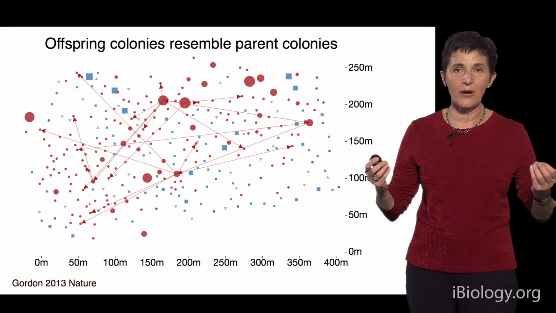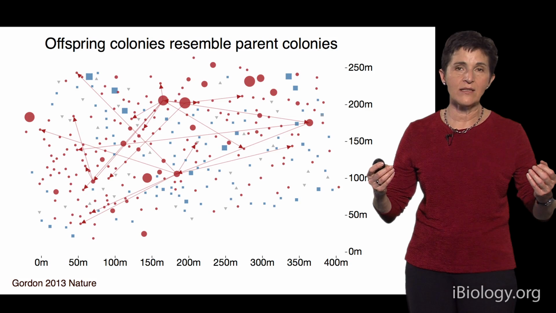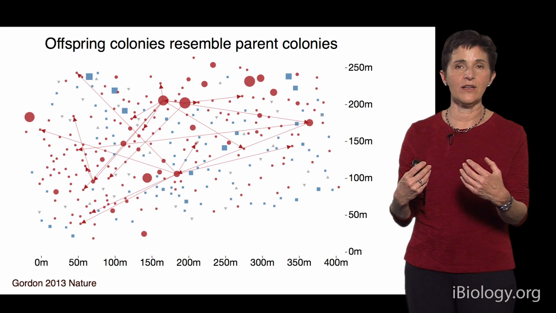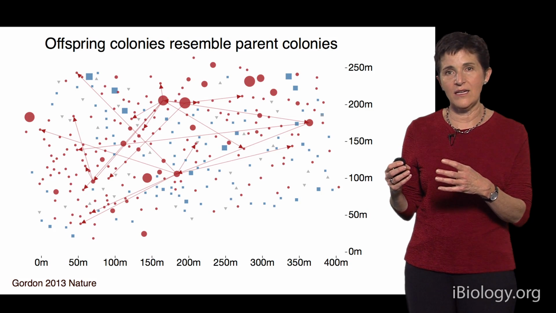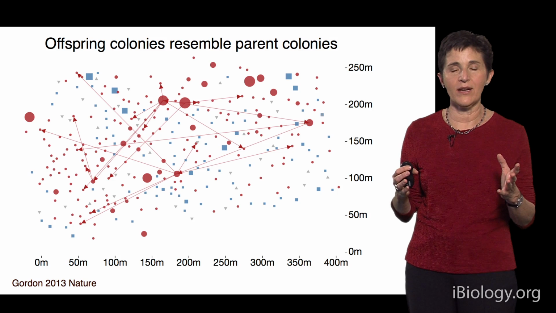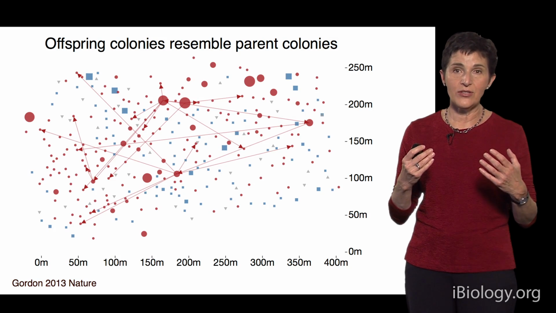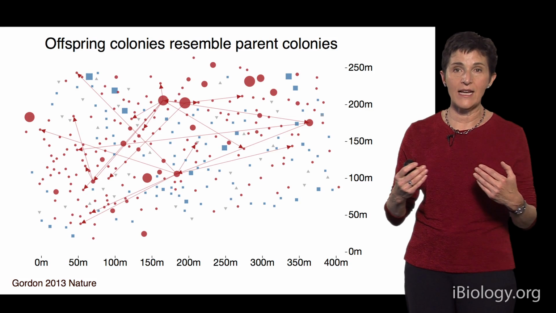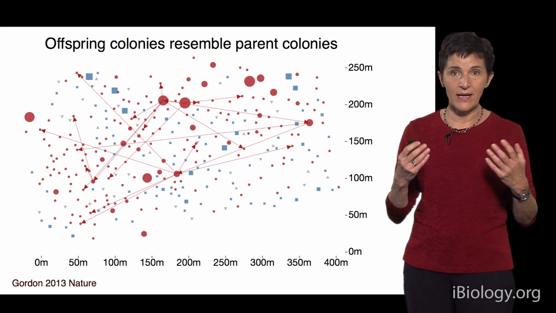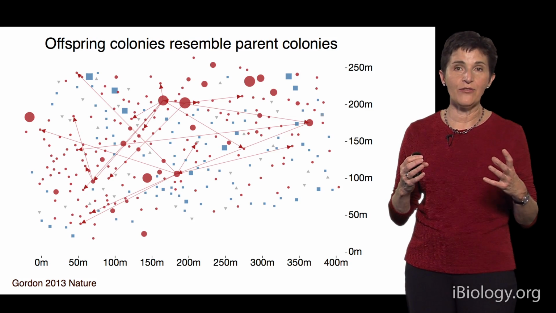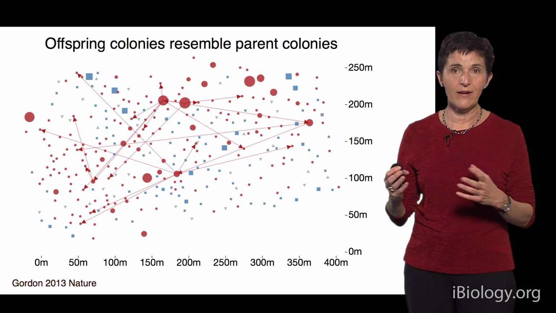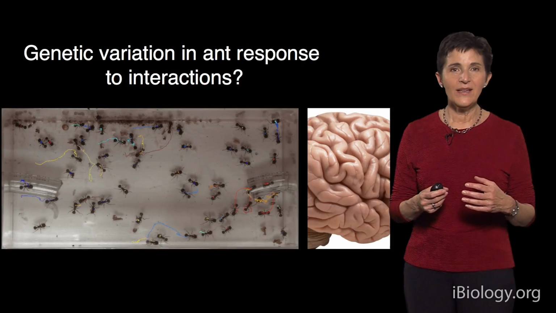They're farther apart than they could possibly go in their foraging trails. So the offspring colonies can't be learning anything from the parent colonies. And this is why we'd like to look for the genetic variation that may underlie this resemblance, the apparent heritability of colony foraging behavior in parent and offspring colonies.